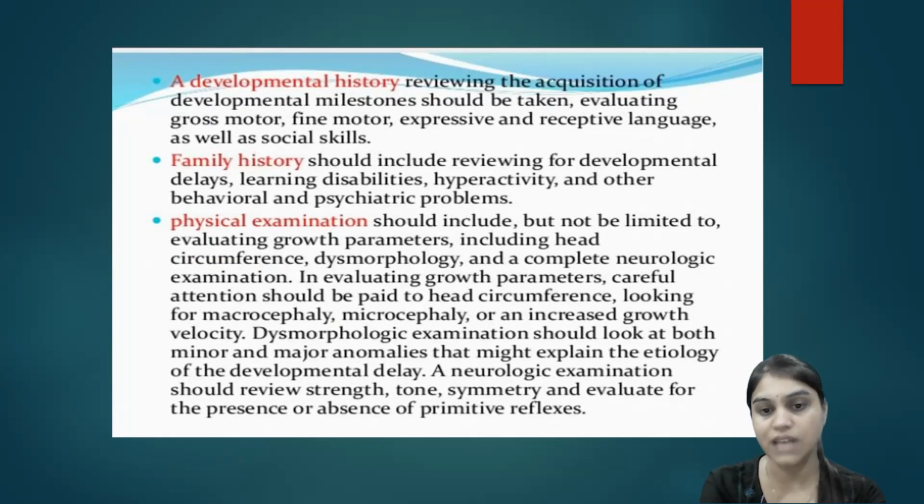The morphologic examination should look at both minor and major anomalies that might explain the etiology of the developmental delay. A neurologic examination should review strength, tone, symmetry, and evaluate for the presence or absence of primitive reflexes.